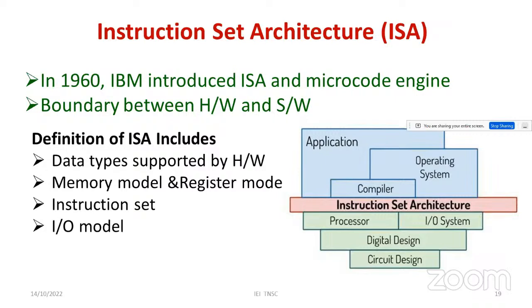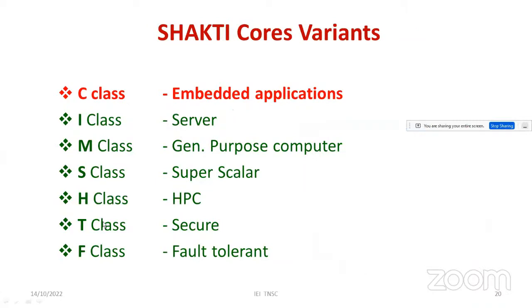We had to start the software development from scratch. But software development is very costly. So in 1960, IBM introduced instruction set architecture and the microcode engine. It is a boundary between hardware and software. ISA includes data types supported by the hardware, memory model and register model, instruction set and IO model.